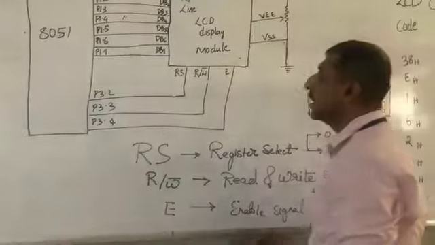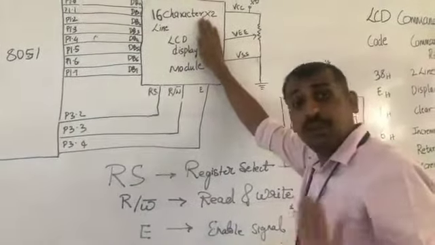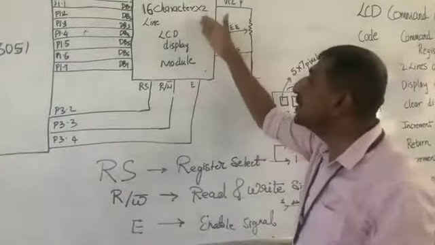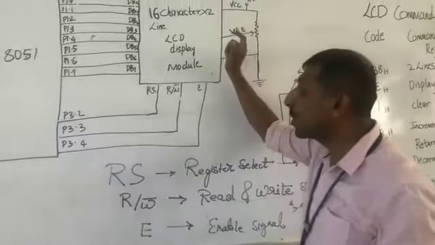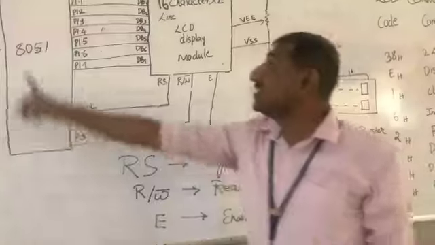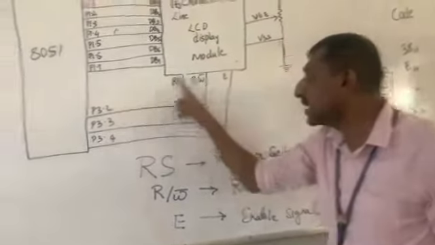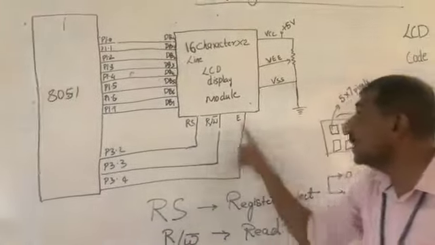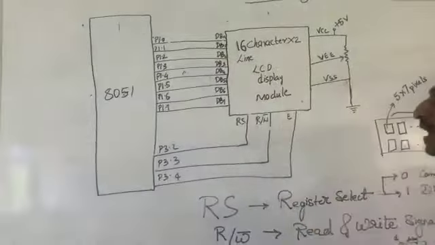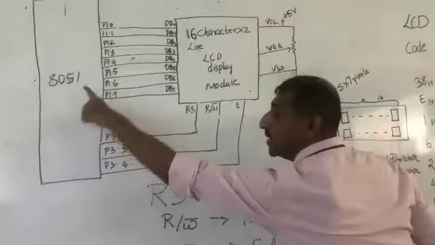Enable signal. See, this particular LCD module needs to be enabled before you interface the 8051 with this particular LCD. Therefore, what you do, first you select the register, then enable, and then send the data. This is the procedure. First select the register, then enable the LCD, and then send the data. Now, how to enable the LCD through the 8051?